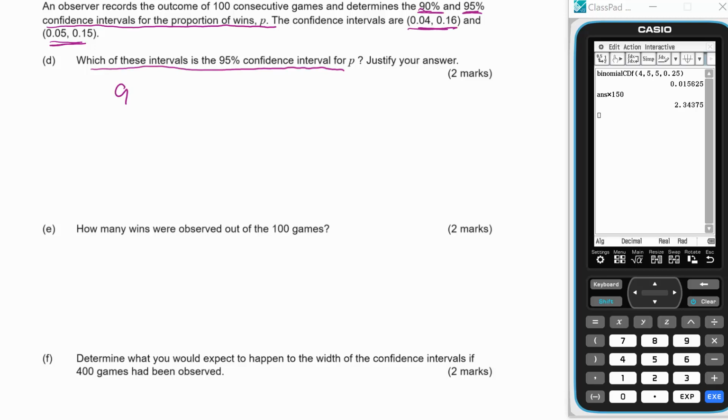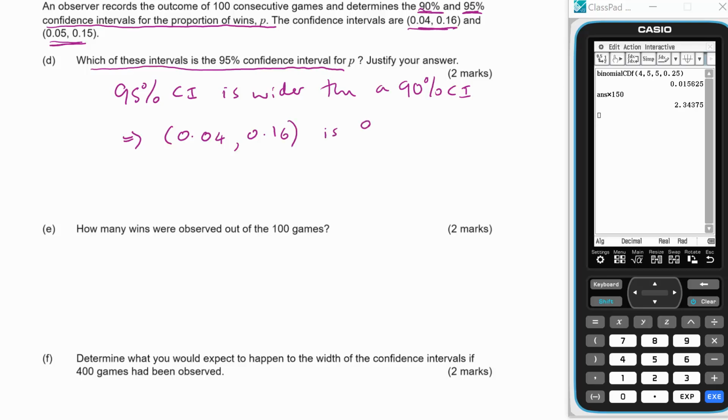A 95% CI is wider than a 90% confidence interval. That implies the 0.04, 0.16 is the 95% confidence interval.